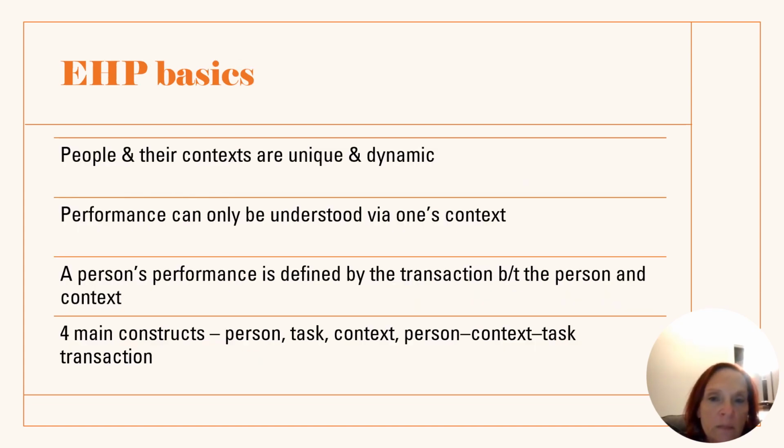The basics of this model is people and their context are unique and dynamic. Performance can only be understood via one's context, and a person's performance is defined by the transaction between the person and the context. She has four main constructs: the person, the task, the context, and then the person, context, task transaction.